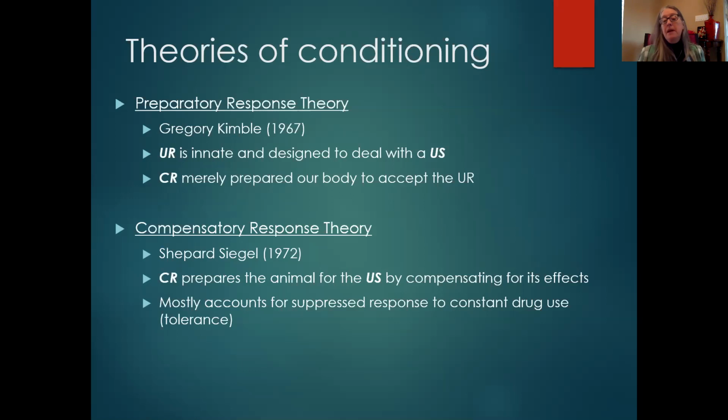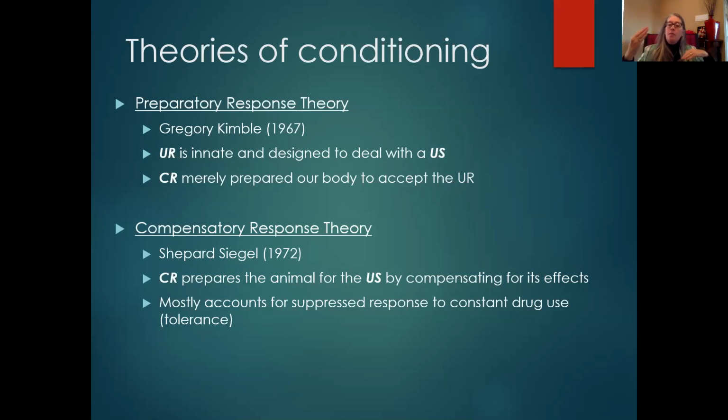Another theory is compensatory response theory. And this says that the CR prepares the animal for the US, but by compensating for its effects in the reversed way. Most of the accounts that use this talk about drug tolerance, and we'll talk about more when we get to the next chapter, chapter 4. But this is like the CS lets the body know this US is coming.